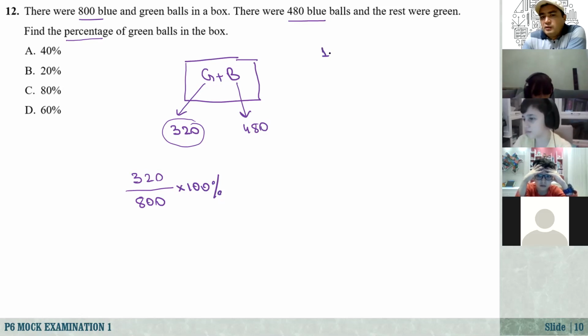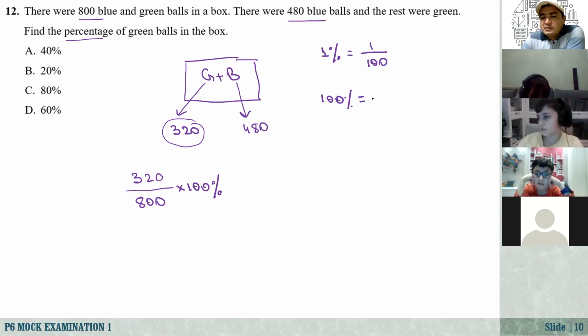Because we know that 1% means 1 over 100, right? And 100% means 100 times 1%, which is 100 times 1 over 100.